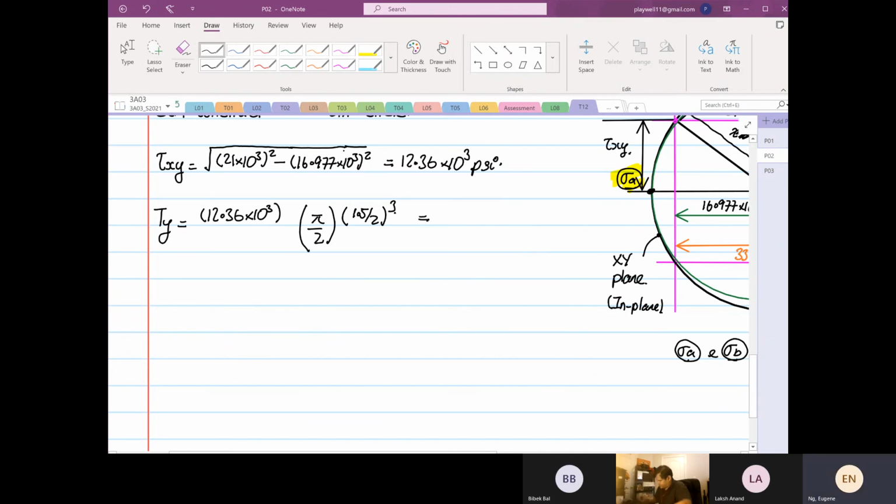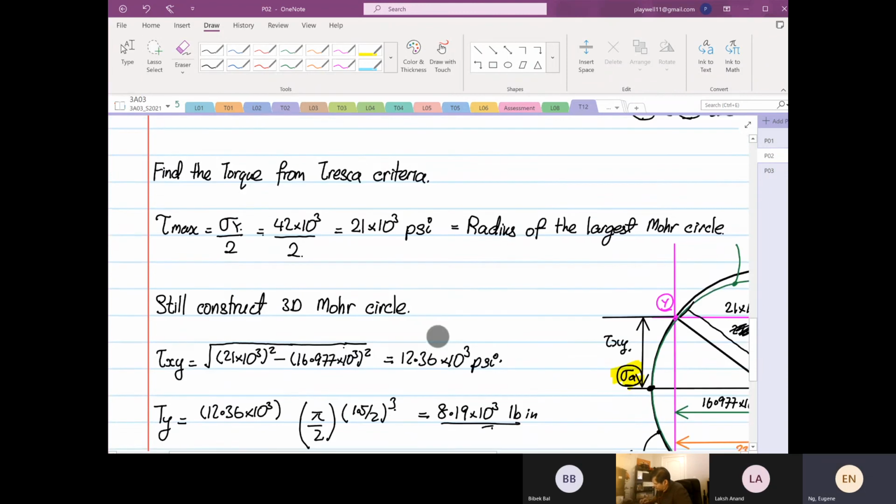So the torque is equal to 12.36 to the power 3 times pi divided by 2 times 0.75 to the power 3, which is equal to 8.19 times 10 to the power 3 pound inch.